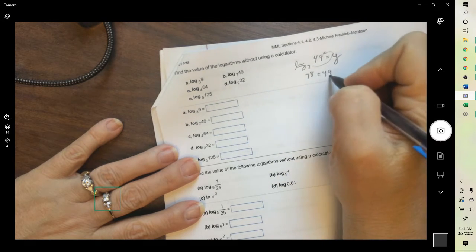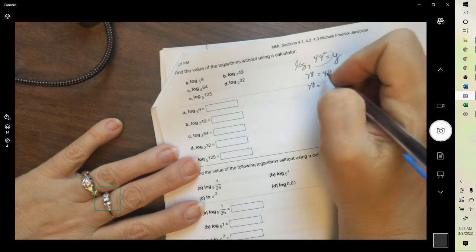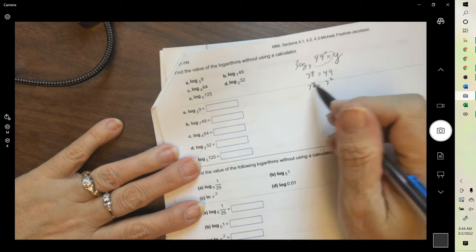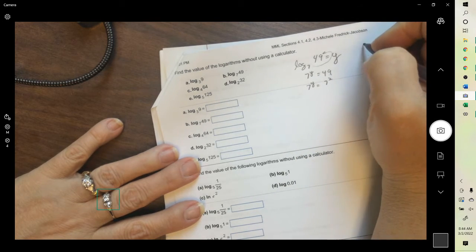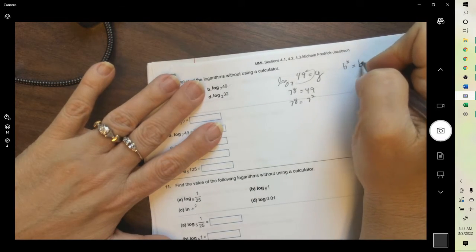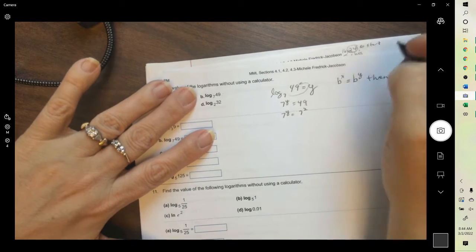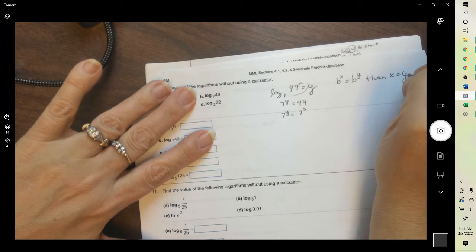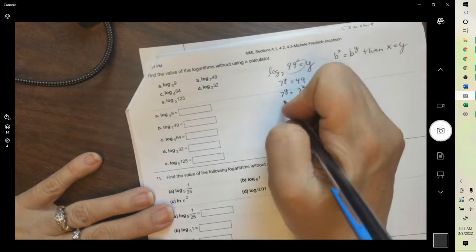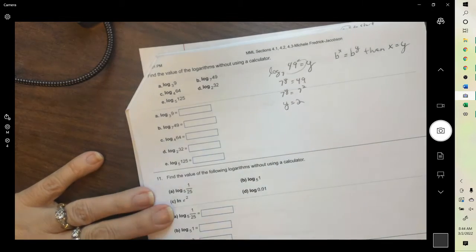Then you want to write them as the same base. 49 is 7 squared. If you have the same base, then you can set the exponents equal, because if b to the x equals b to the y, then x equals y. So since these are the same base, y equals 2. And that's how all those are in that section.